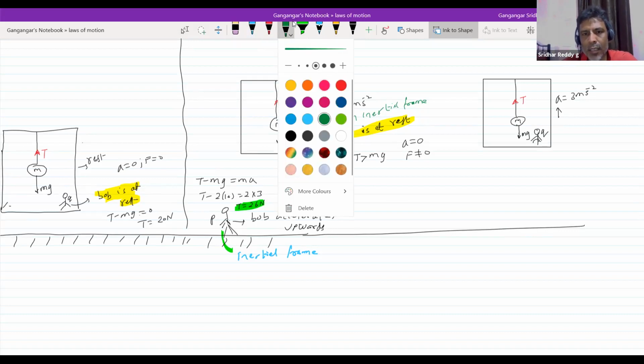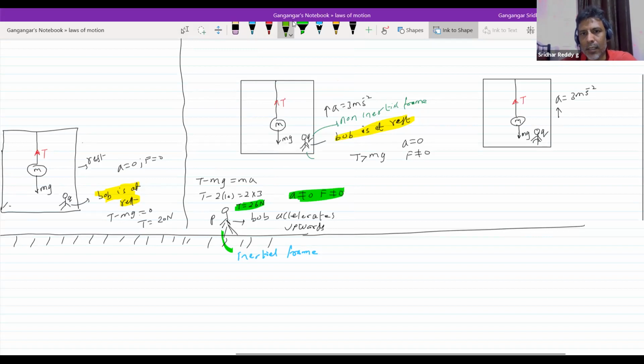Pseudo force, I'll take some orange color. Green color I'll take. Thick arrow, I'm showing that one. So that is the pseudo force. Now there won't be a problem for the person Q to write the equation.